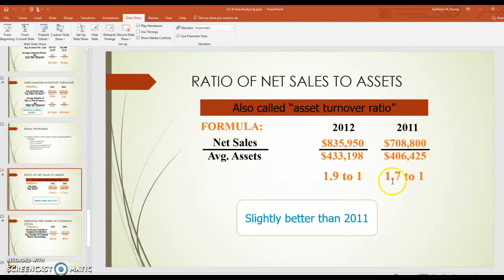And so in 2011, for every dollar of assets that we had, we only produced $1.70 in sales. So we have done better in 2012 than we did in 2011. And so that is a good thing. Our assets are helping to produce a higher amount of sales.